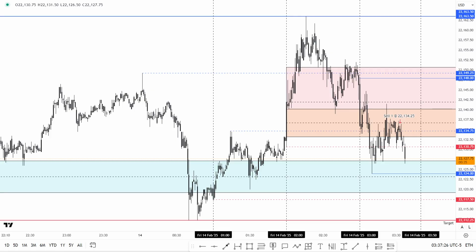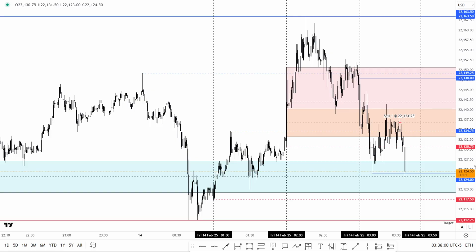There we go, beautiful spooling lower as expected. So first target hit, beautiful price delivery.